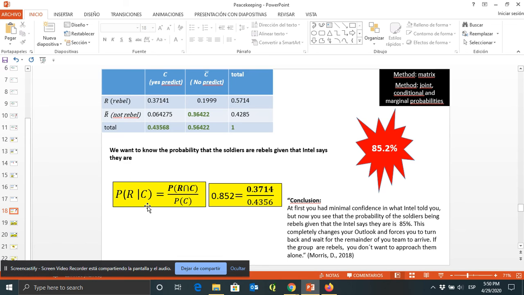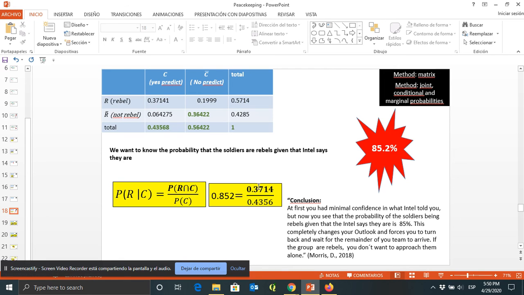This could be solved using the conditional probability of the probability of R given C equals the joint probability of R and C over the probability of C. The joint probability of R and C is this one, 0.37141, and the marginal probability of C is 0.43568.